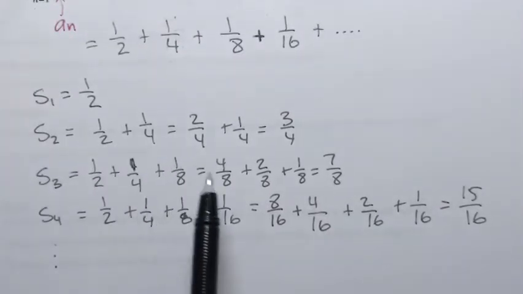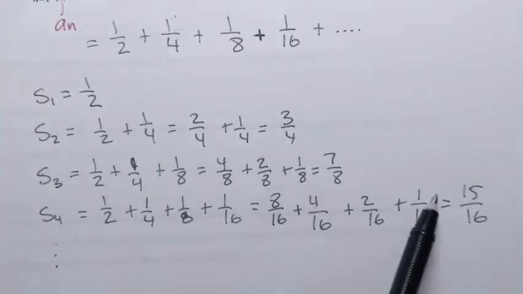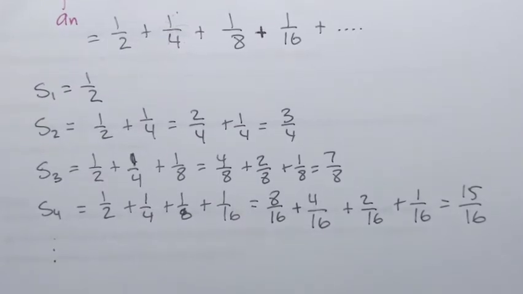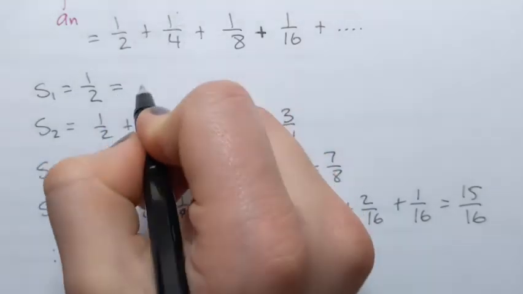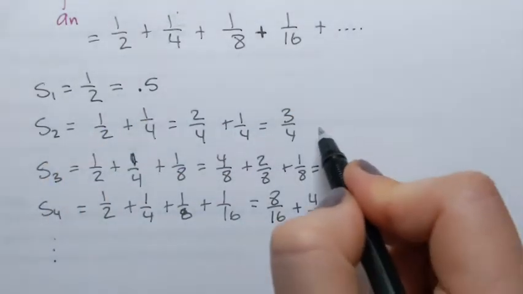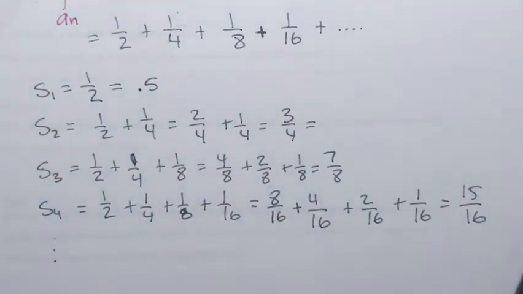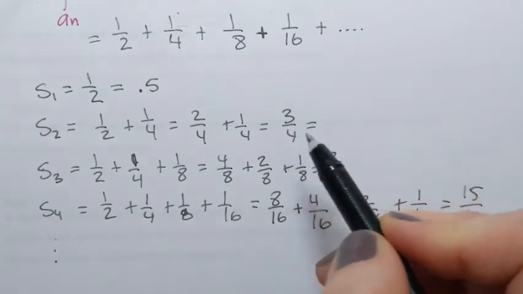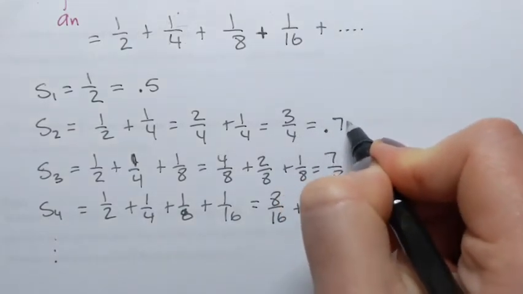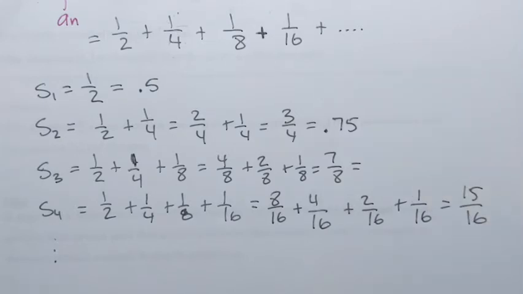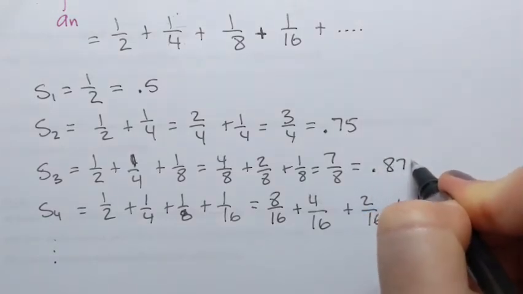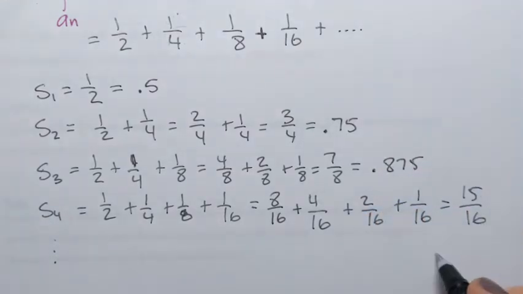So what can we say about the partial sums so far? What kind of result are we getting as we keep adding one new term? So the first partial sum is 0.5, right? The second partial sum is 3 over 4, so it's 0.75, right? The third one is 7 over 8. That's 0.875. The fourth one is 15 over 16.